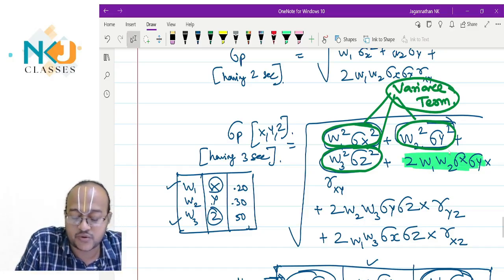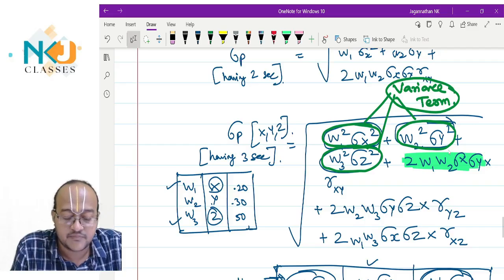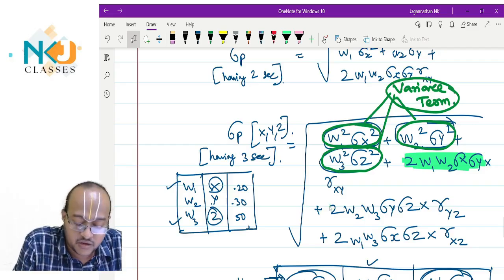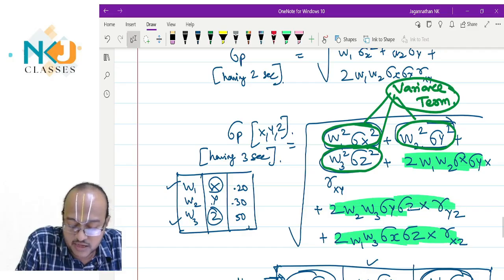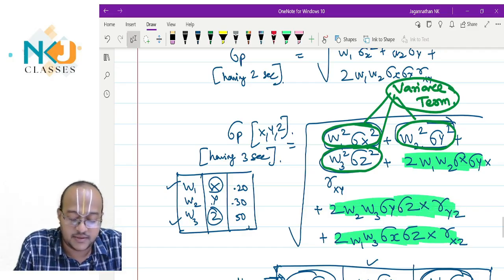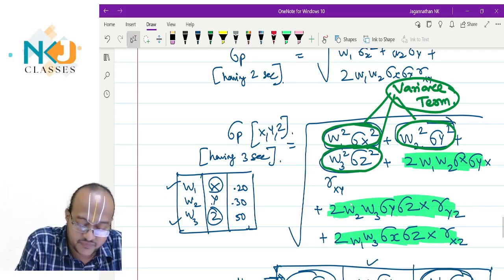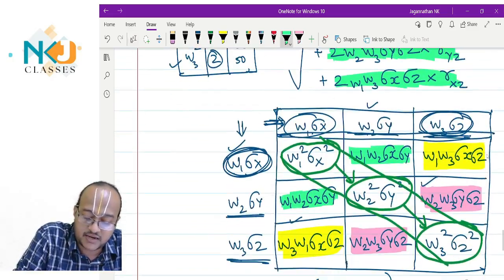You are having now 2 into W1, W2, sigma x, sigma y. This is covariance term. 2 here plus 2 plus 2. Total how much? 6. Clear? So we can conclude like this.